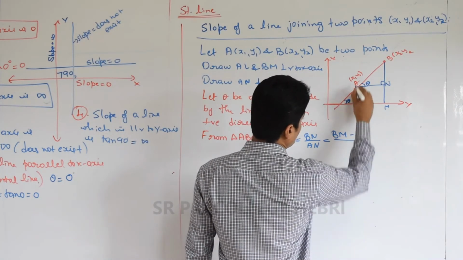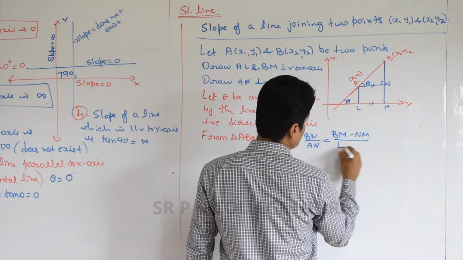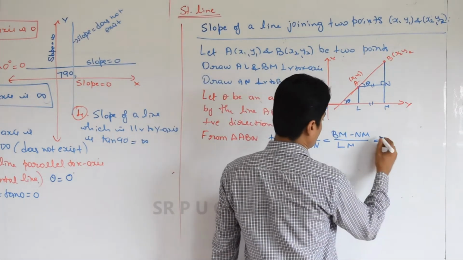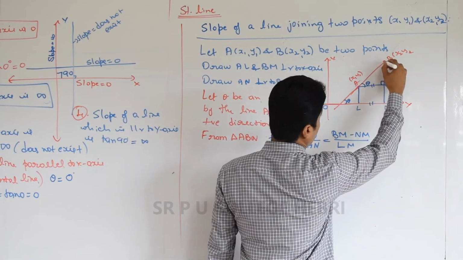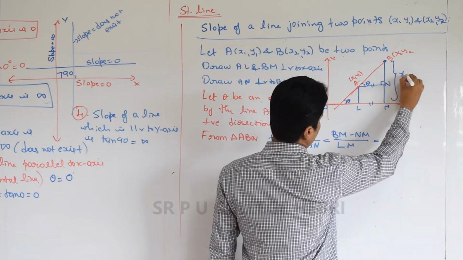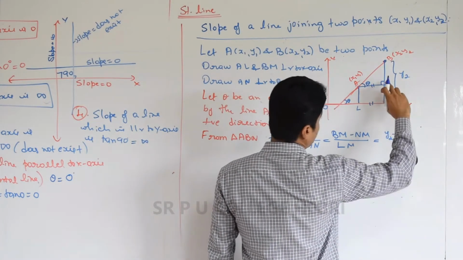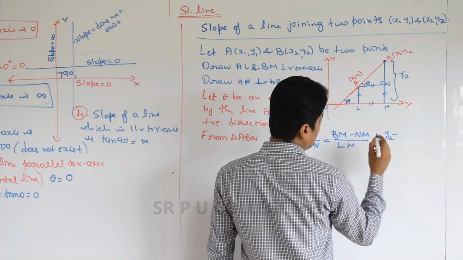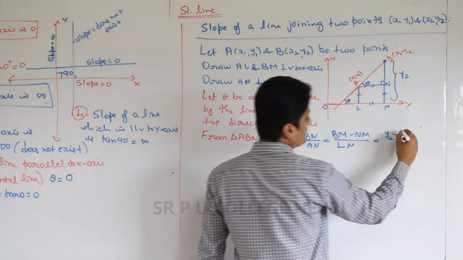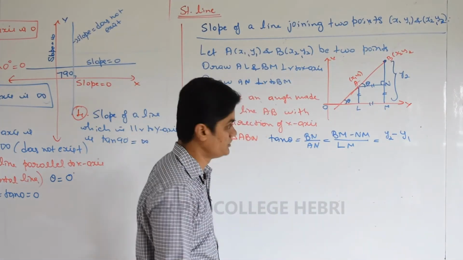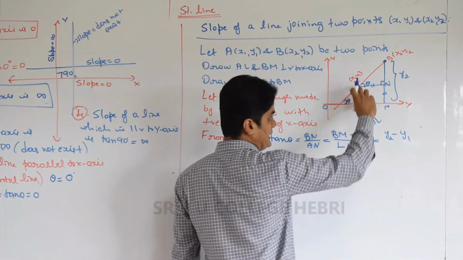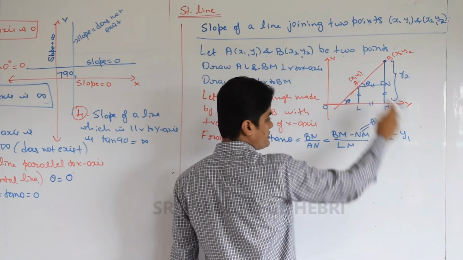AN is also equal to LM. Now BM is the y coordinate of the point B, right? What is the y coordinate of the point B? Y2. NM is also equal to AL, correct? AL is the y coordinate of the point A, which is y1. Do you agree with me?